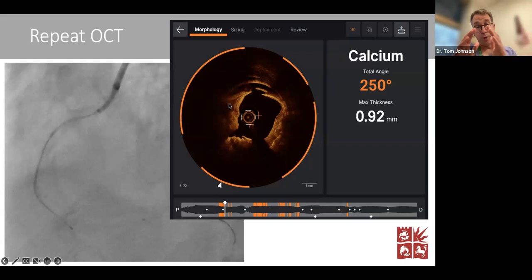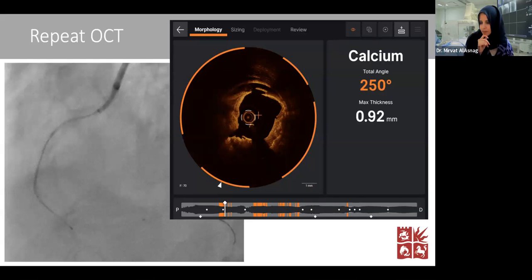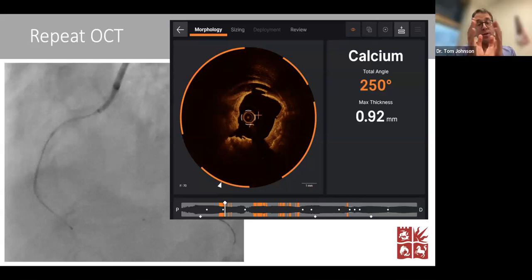And the Japanese have shown beautifully in their series of OCT imaging that when you hit a level of concentricity of calcium that exceeds 280 degrees, so once you get a proper horseshoe, they anticipate that a non-compliant balloon will effectively fracture the calcium, because the two wings of the calcium get brought outwards, and you then classically see a fracture point at the apex of the calcium, which is what we see here, at the base of these two outer curvatures of calcium.